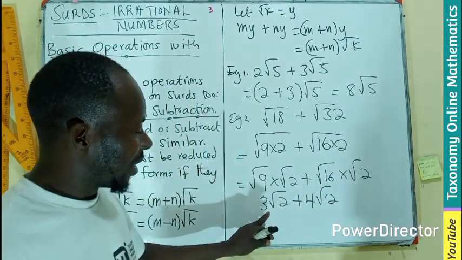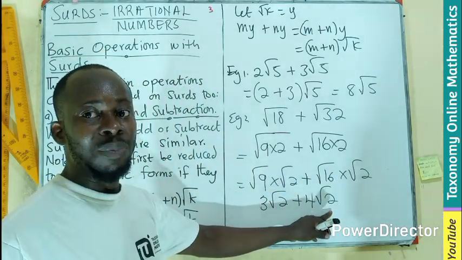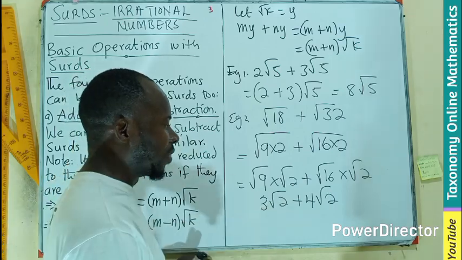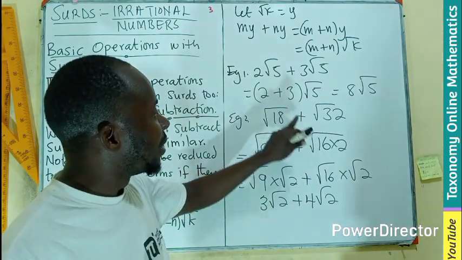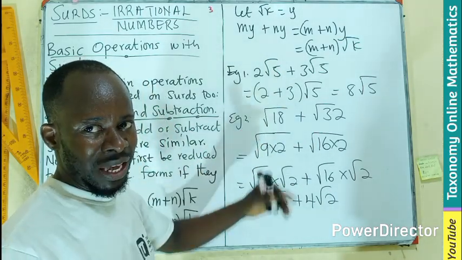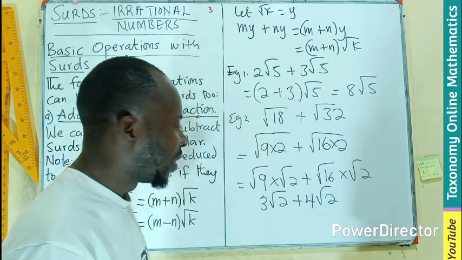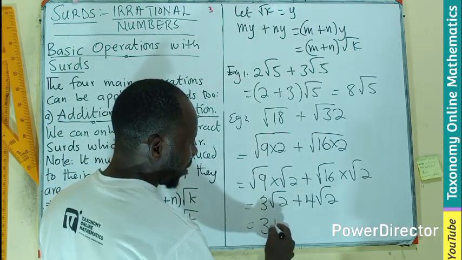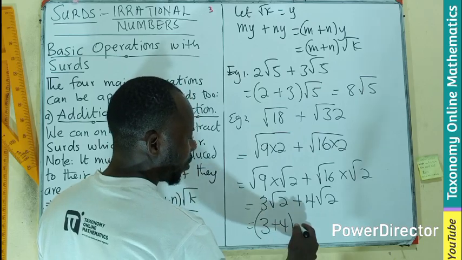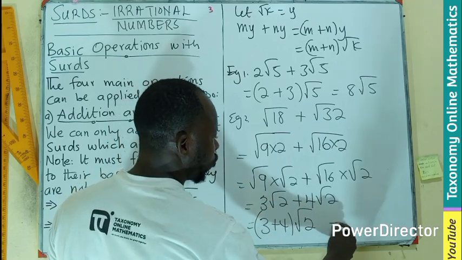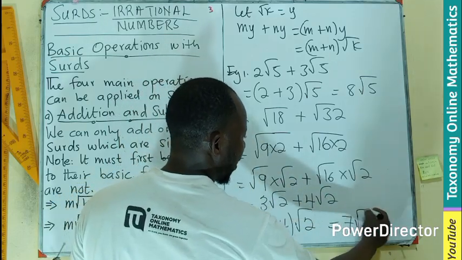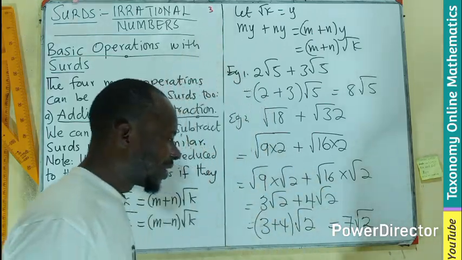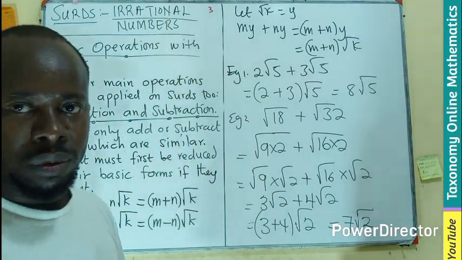So now you can see that root 2 is now similar. So I only add those in front. I can add it without putting them in a bracket, but if it's in a bracket, it also adds some beauty to it. So this is going to be 3 plus 4 multiplying the root of 2, which will automatically give you 7 root 2.